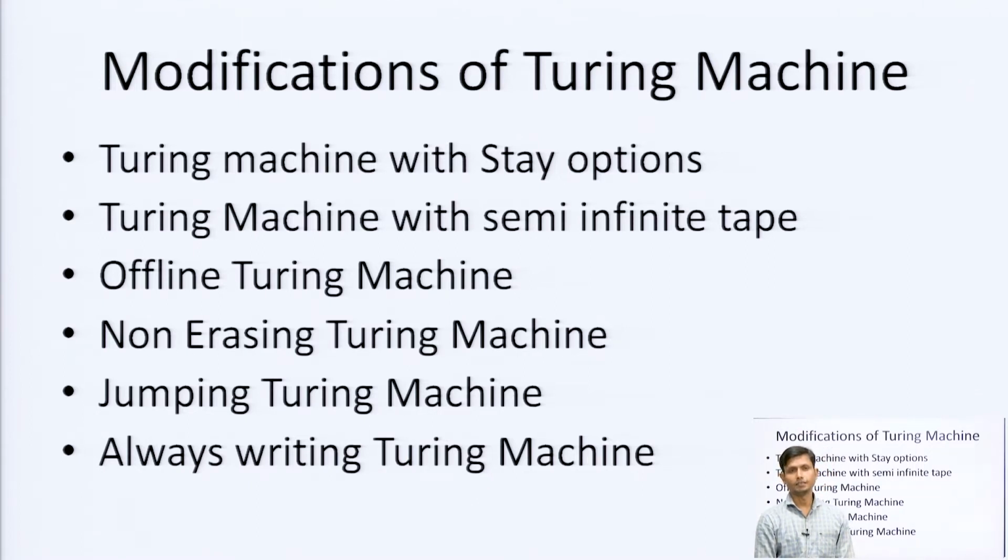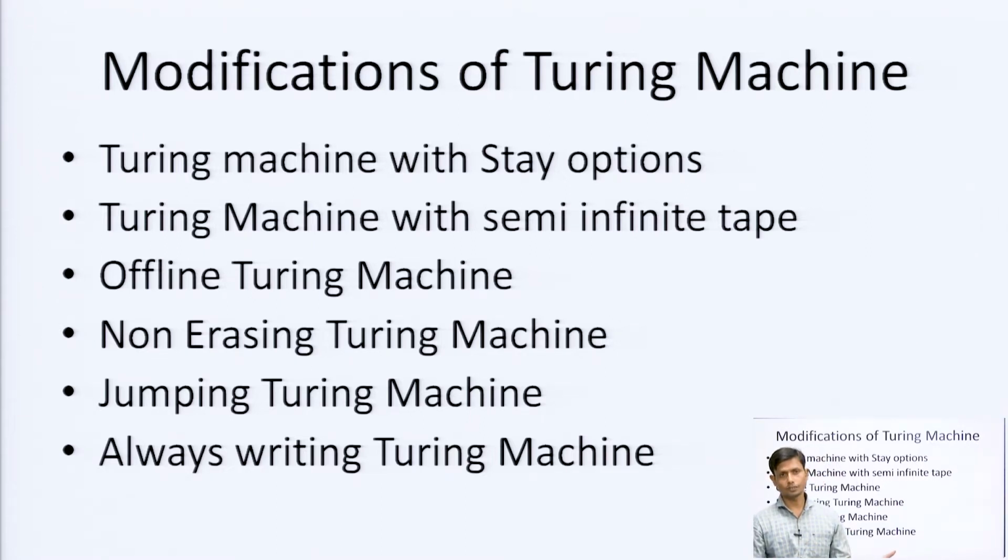This is called Turing machine with semi infinite tape. We will go to its diagram step by step. So, Turing machine with semi infinite tape means you have to fix one end as finite and the other end can move to infinity.